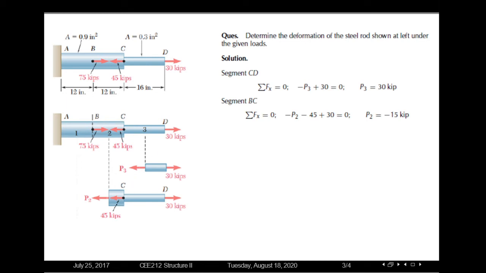Now for this 45 and 30 kips, we can see the net force will be 30 minus 45, which is minus 15. So here is the net force, minus 15.